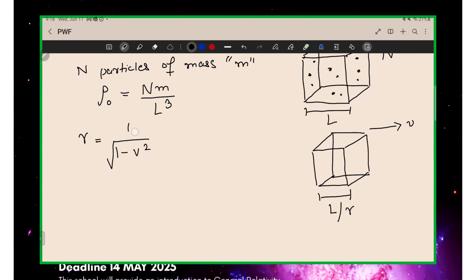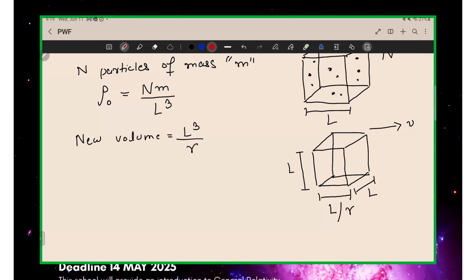Okay. Now, the other lengths are not changed. This length is not changed, and this length is not changed, which means that the total volume, so the new volume, is just L cubed divided by gamma. But is that the only thing that changes if you have this speed v here?